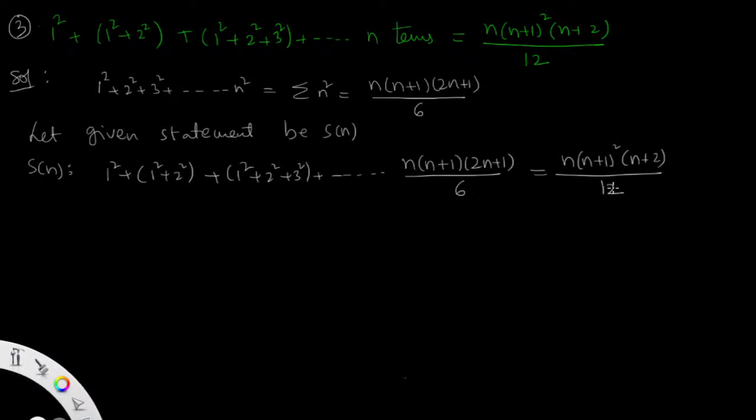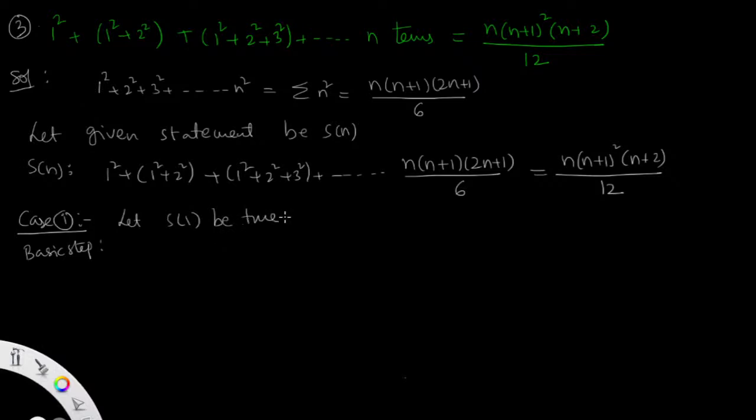The total summation is given as n into (n plus 1) whole square into (n plus 2) divided by 12. Okay, the value is given like this. Now as per mathematical induction, case 1 is the basic step. Basic step: let n equal to 1, that is S of 1 be true.